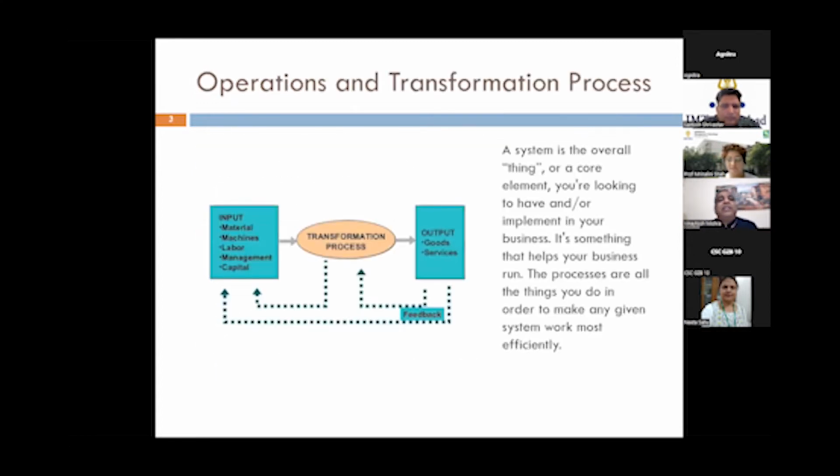First, we will start with what we all know, and that is the transformation process view. Everyone is taught about this. You also teach in your classes that operation is a transformation process where we transform inputs into outputs. Because we are discussing healthcare supply chain today, can any one of you tell me what we transform in case of healthcare?